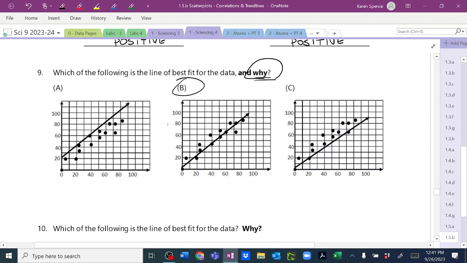Why not A? Why not A? Yes. Sorry? A is not in the middle. Yeah, all the points are below the line.